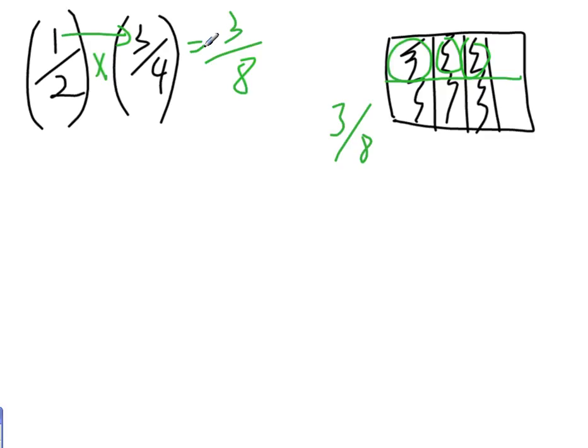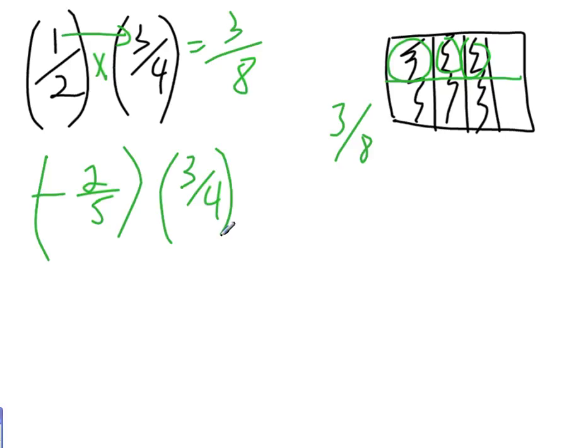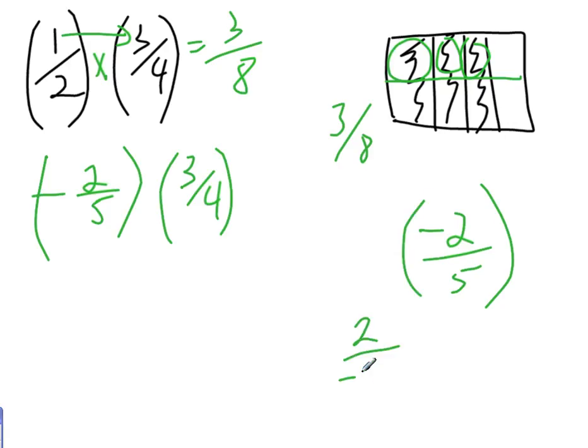Well, what if I have negative 2/5 groups of 3/4? Well, in this case, we've got the negative sign, which makes it a little more complicated. What we've learned, though, is that negative 2/5 could be written as negative 2 over 5, or it could be written as 2 over negative 5, or it could be written as negative 2 over 5 with a negative in the middle.